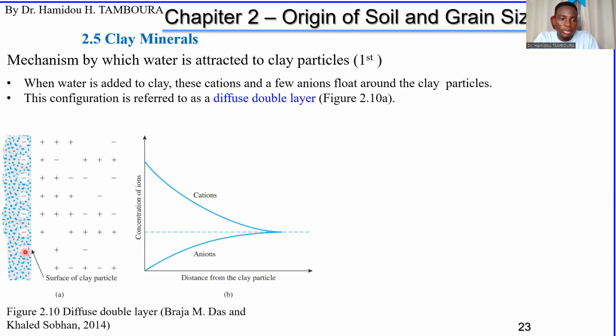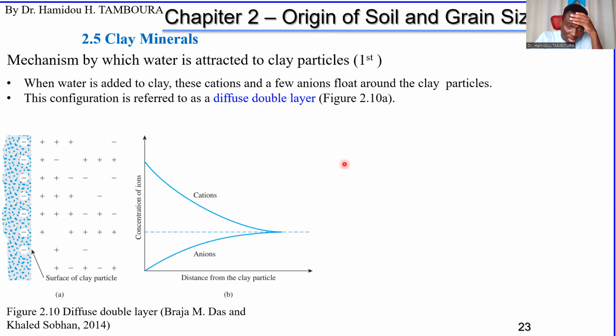So the clay particle is like this, with negative charges. And after adding water, we will have some cations and some anions. The positive charges are cations, and the negative ones are anions.